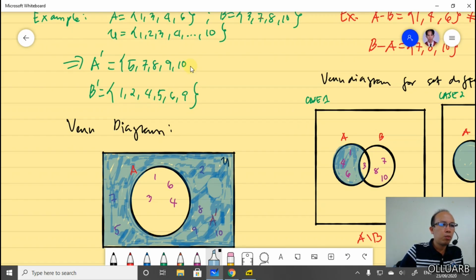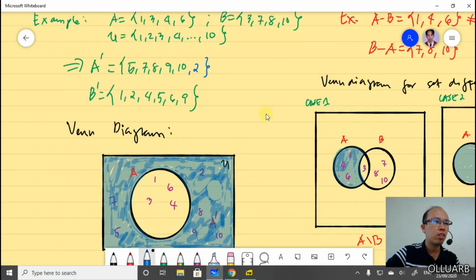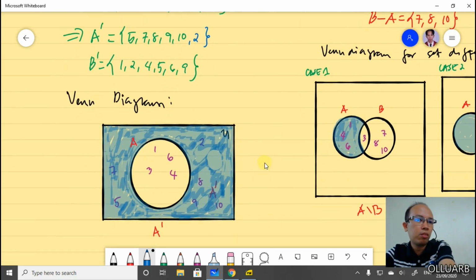We have to wait for the program to respond. We have 2 is also an element here: 2, 5, 7, 8, 9, 10. So 2 is the only missing element of this set. So clearly 2 is not an element of A. Okay, so that's what happened in the diagram.